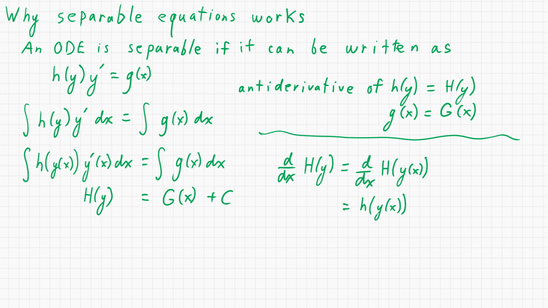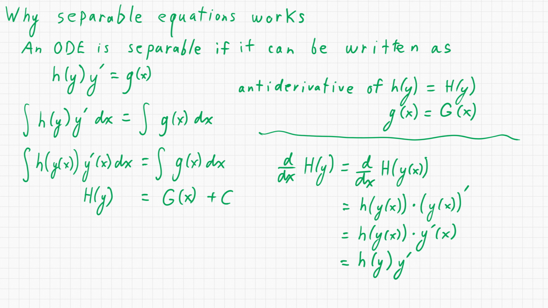Then the chain rule says we multiply by the derivative of the interior function, y of x prime. That simplifies to h of y of x times y prime of x, and if we drop all the x's, it's just h of y times y prime.